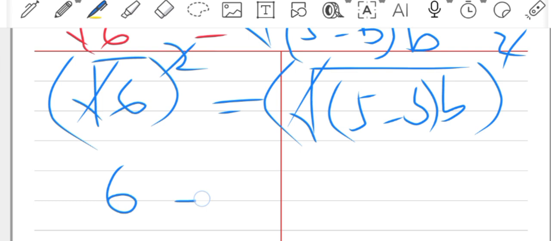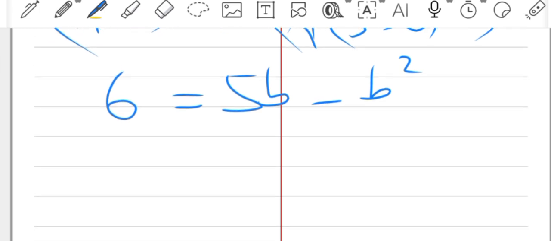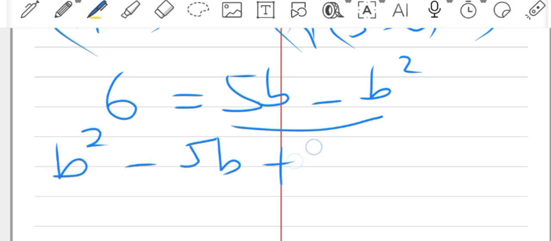So we have 6 being equal to 5b minus b squared. Remember, we are arriving at a quadratic equation. We want to avoid negative b squared, so we move all the terms to the left hand side. In doing so, we have b squared minus 5b plus 6 equal to 0.